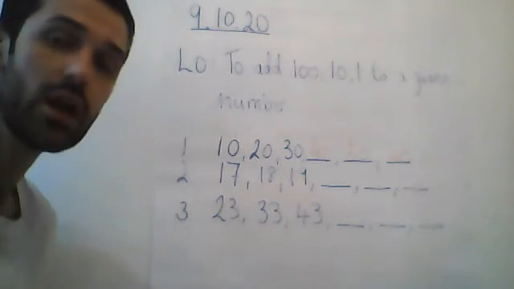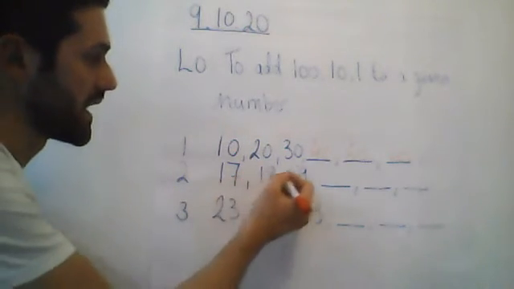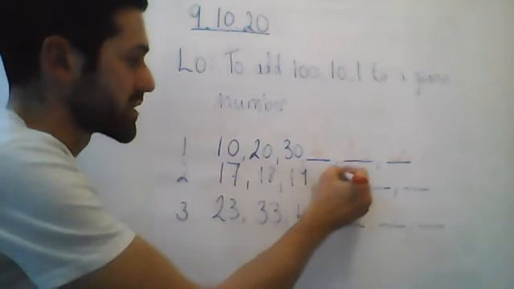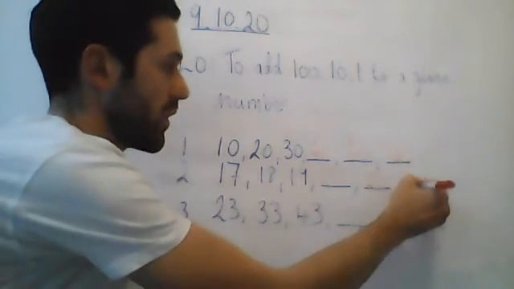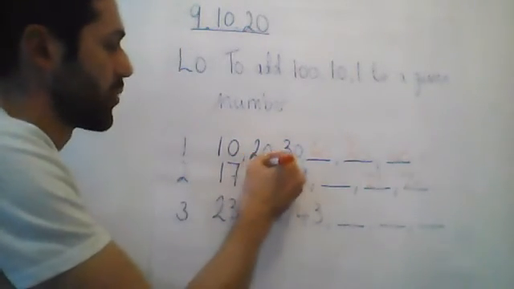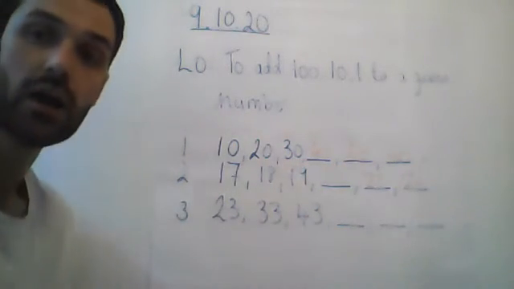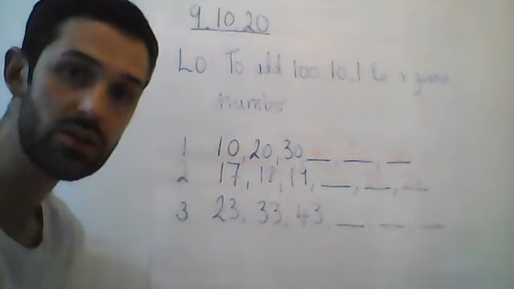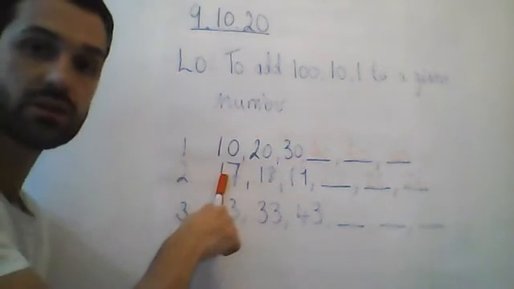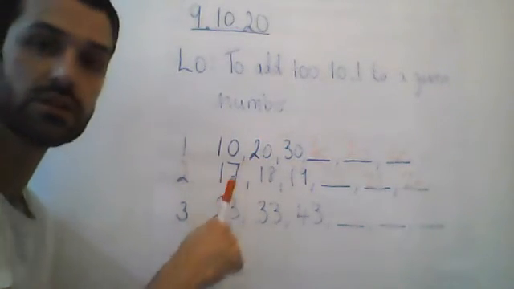Really straightforward. Next one, 17, 18, 19, of course, next number is 20, 21, and 22. Now the point of this exercise is to just gauge how confident you are with recognising the place value of each number. Obviously, 17 has 1 ten, 7 ones.